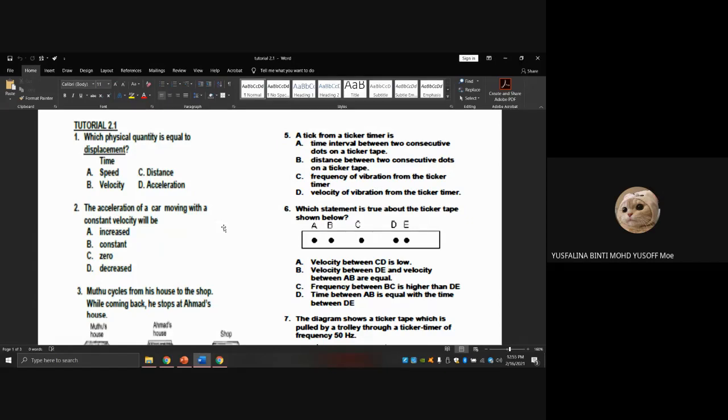Alright, for number 2, the acceleration of a car moving with a constant velocity will be. What is the acceleration of the car if it moves with constant velocity? Yes, very good. Constant velocity, 0. Constant velocity means it will not change.